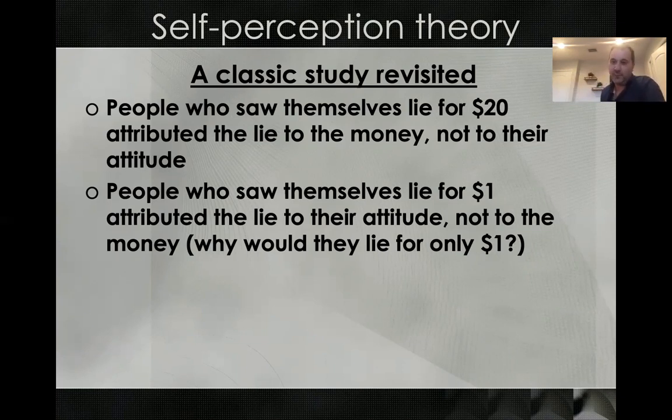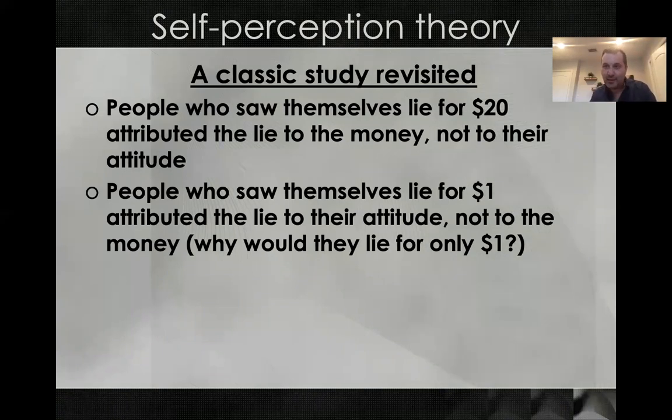So you can see here that these people are coming to a rational conclusion about what their attitude must be according to self-perception theory. This is the key difference between these two theories. Cognitive dissonance theory says that people are justifying and rationalizing their behaviors, and they're doing so to get rid of that negative arousal, like cognitive dissonance. Okay? A self-perception theorist says there's no rationalizing, there's no justification, and there's no negative arousal.